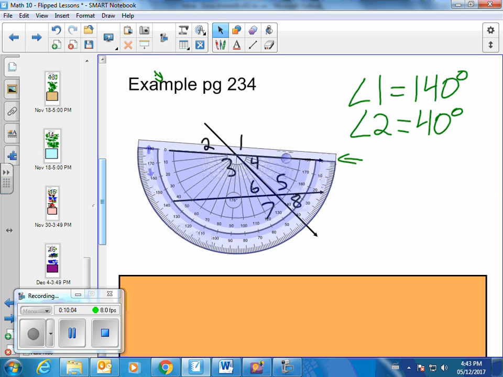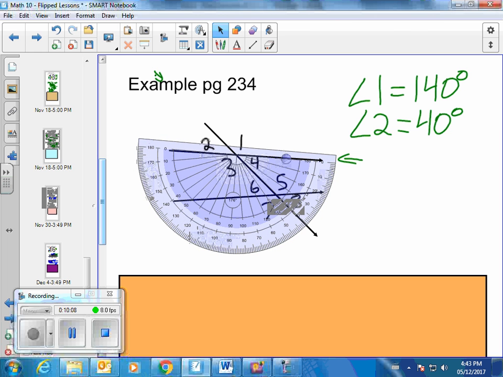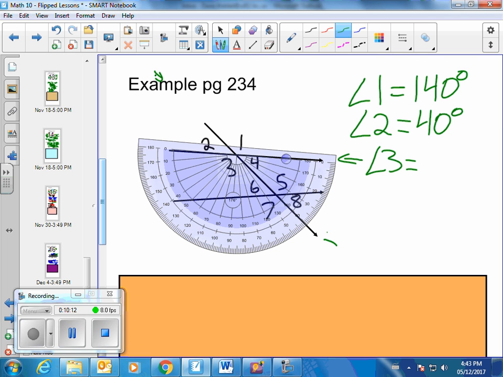So I'm going to line it up right there with a nice flat line. Angle 3 equals, looks like 140 degrees. Angle 4, so I've lined up my bottom here. I'm going to line up my top here, equals 40 degrees.